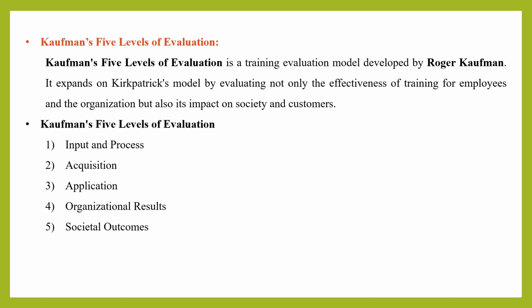So, the Kaufman model helps the organization to evaluate the quality of the training program, measure employee learning, check whether employees apply the skills or not, check whether the organization has improved its performance, and assess the impact of training on society as well as customers. So it provides a comprehensive evaluation from planning of training to the long-term societal impact.